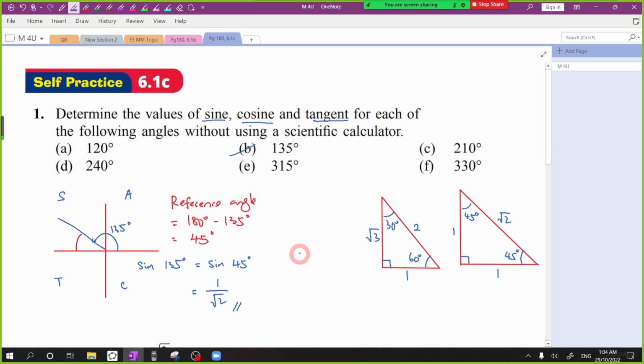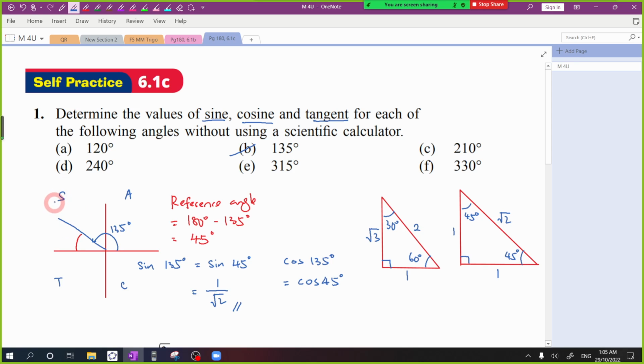Now let's go to cosine. Okay, cosine we can just write the short form COS. Okay, same thing, we write cosine 135 degree is equal to cosine 45 degree first. And then we start to think, should we add a negative sign?